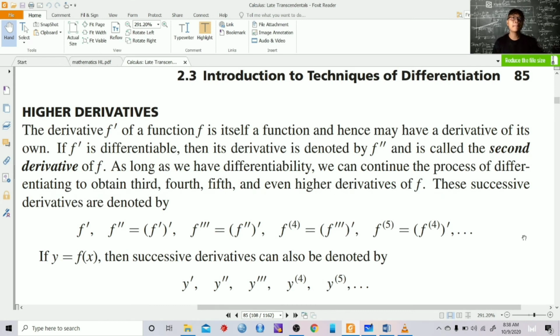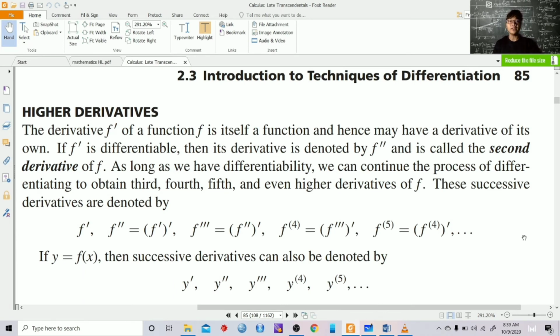Alright, so let's have higher derivatives. The derivative f prime of a function f is itself a function, and hence may have a derivative of its own. If f prime is differentiable, then its derivative is denoted by f double prime, and is called the second derivative of f. As long as we have differentiability, we can continue the process of differentiating to obtain third, fourth, fifth, and even higher derivatives of f.